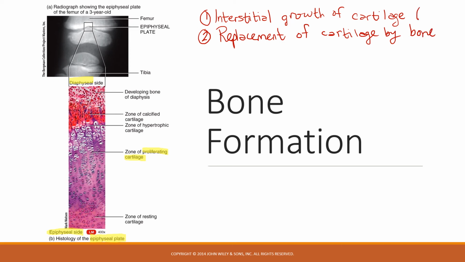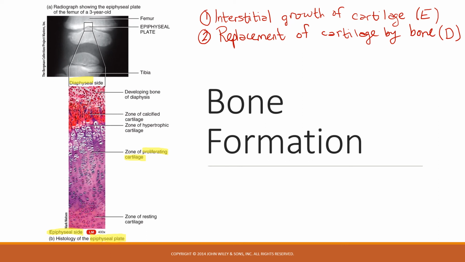So this is going to be on the epiphyseal side, and this is going to be on the diaphyseal side. So remember that interstitial growth involves continual cell division of chondrocytes and then further secretion of the cartilage extracellular matrix.